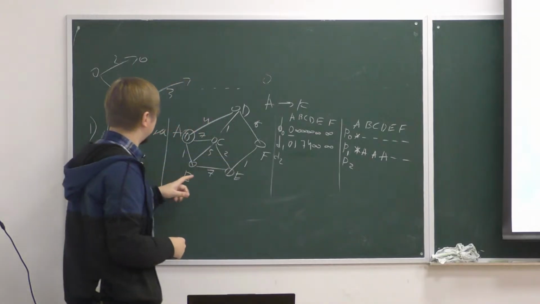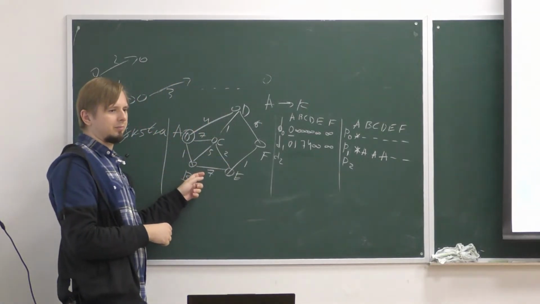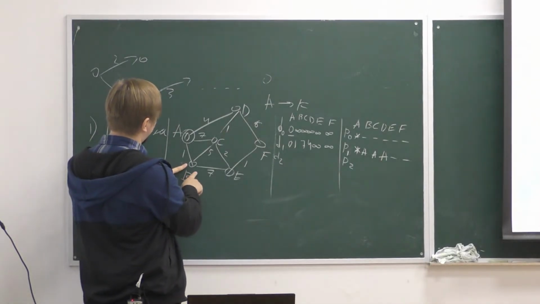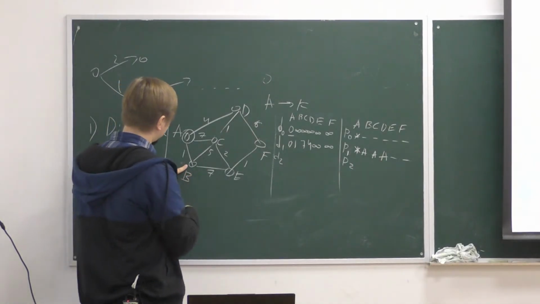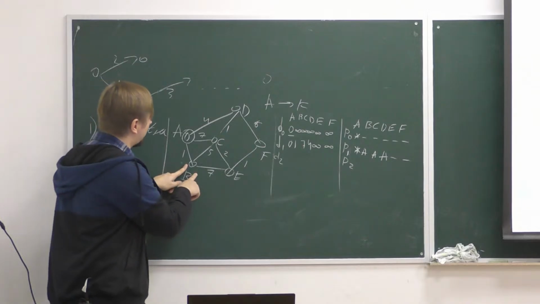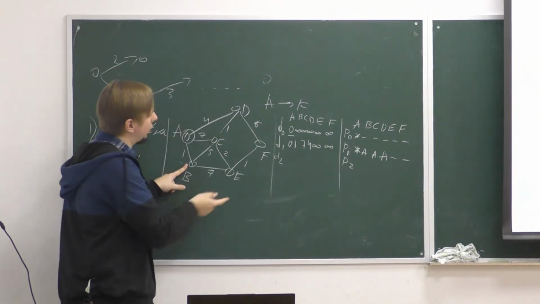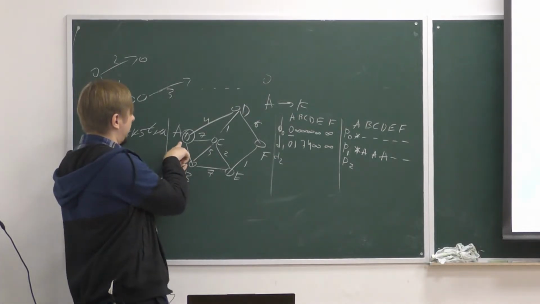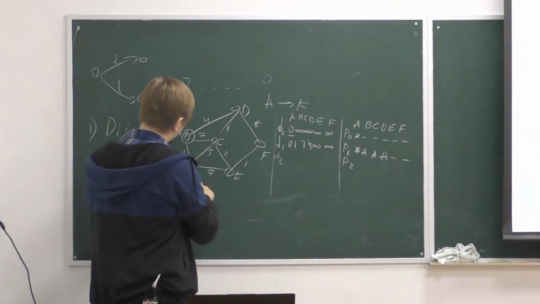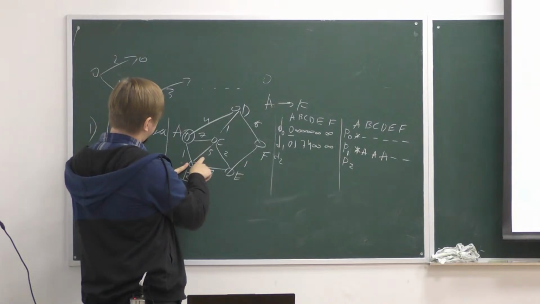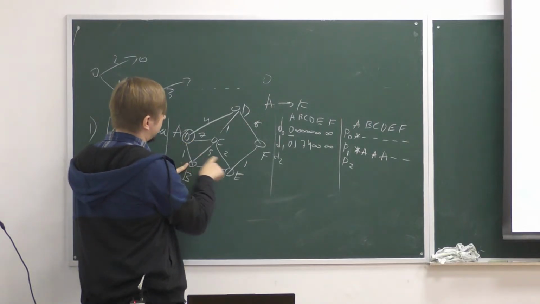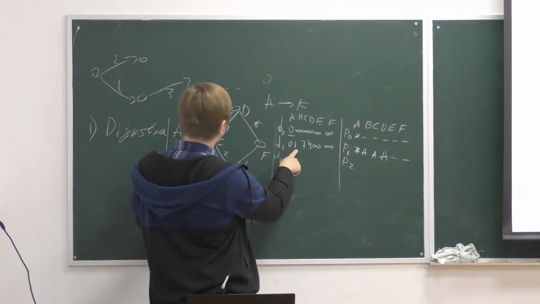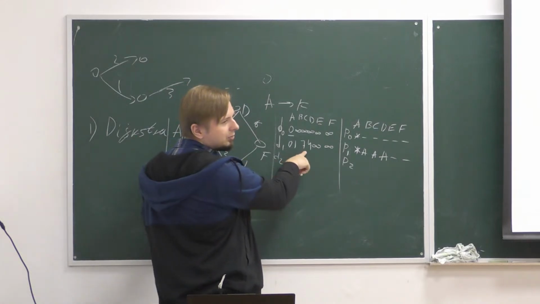And then we start from the vertex B, doing the same thing. We should go from B to any vertex that is not visited yet. So from A we do not go here and here. Here will be 5. We add 5 to this 1, and we have 6. Now let's compare it with 7.